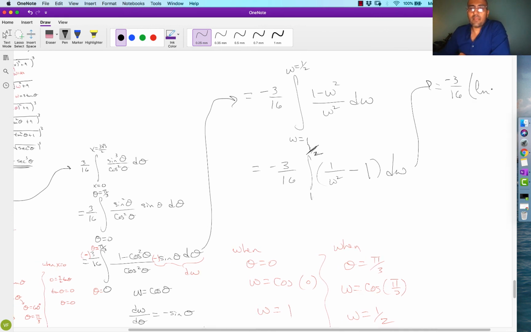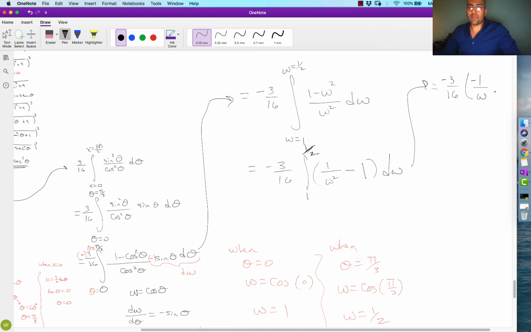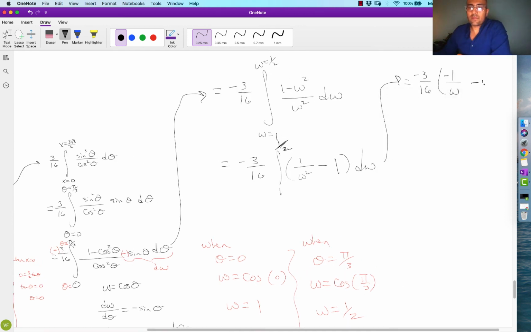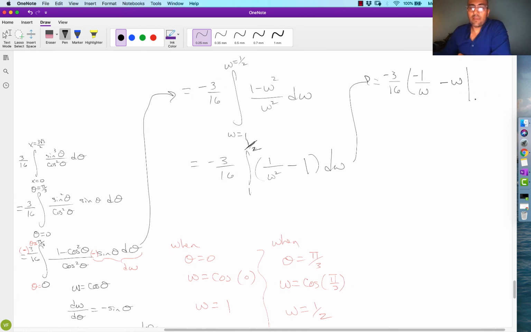Then this is going to be, oops, not ln of, this is just going to be -1 over w minus w, evaluated as w goes from 1 to 1/2. Good. Okay, let's see here.